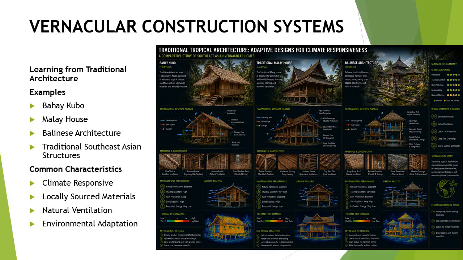Common characteristics include large roof overhangs, natural ventilation, lightweight materials, elevated construction, and climate-responsive forms. Studying vernacular architecture provides valuable lessons for modern practice. The objective is not to copy traditional buildings exactly. Rather, the goal is to understand the environmental principles underlying their success.